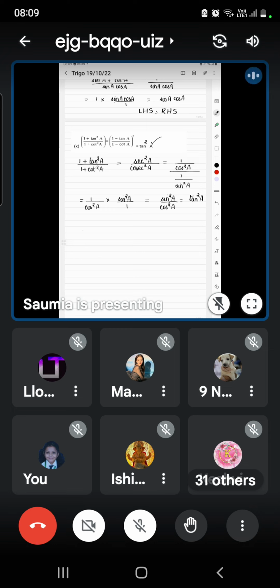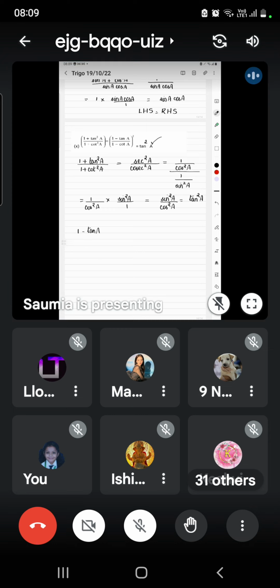Now start with the other expression. 1 minus tan A upon 1 minus cot A the whole square. Ma'am, for both expressions, we have to get tan square A, right?